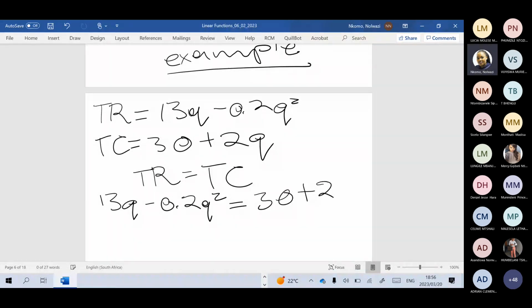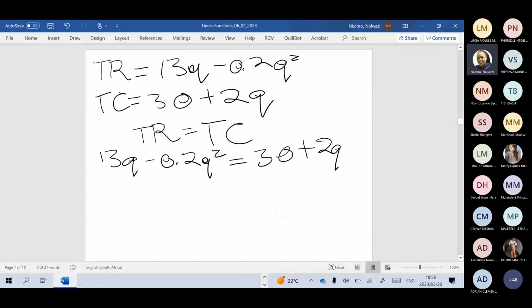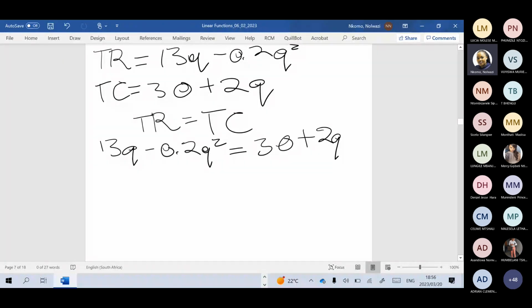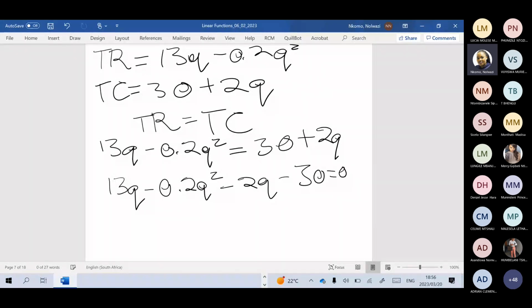And then we simplify this equation. If we simplify, we will have 13Q minus 0.2Q squared minus 2Q minus 30 equals 0. I was transposing these to this side, and then they change sign.